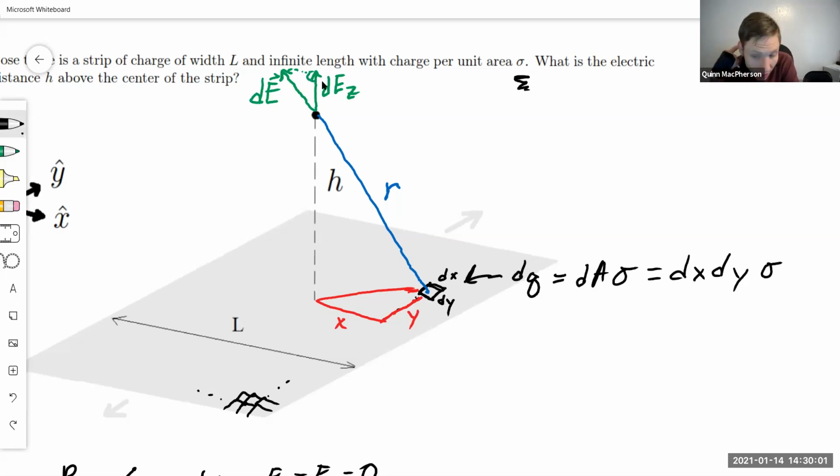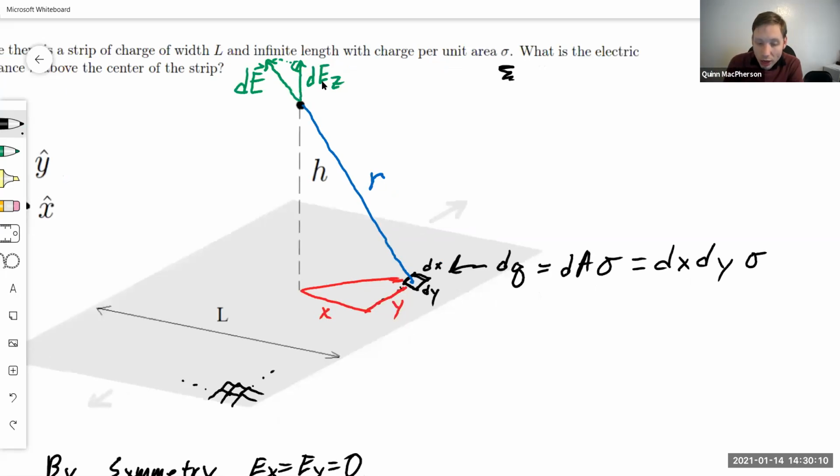To find dEz, the component in the z direction, we can use trigonometry. There are a couple of different ways we can do this. My favorite way is similar triangles.